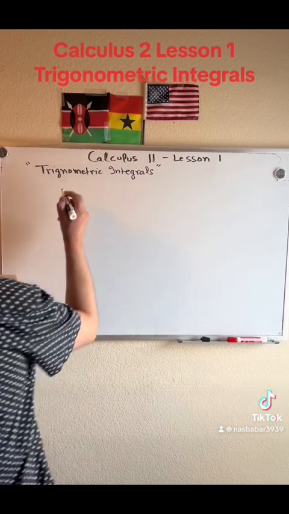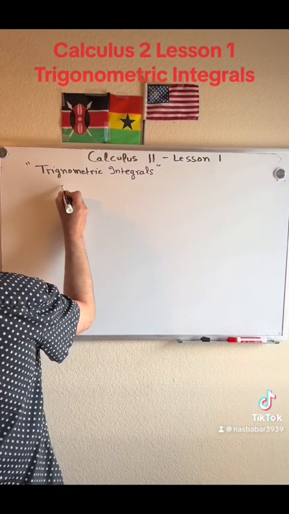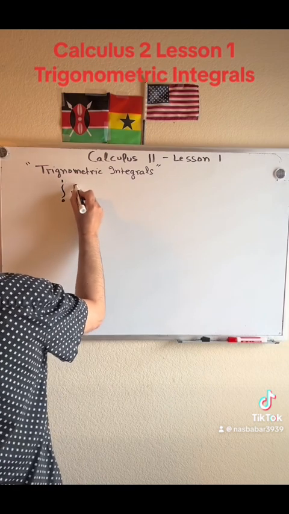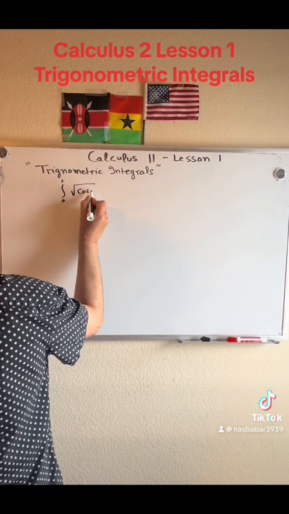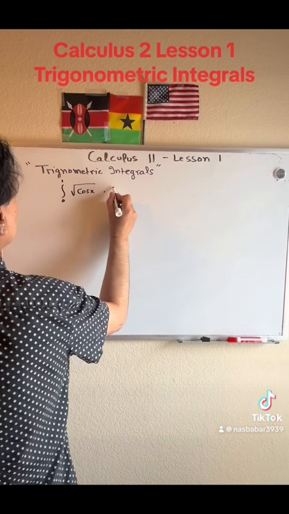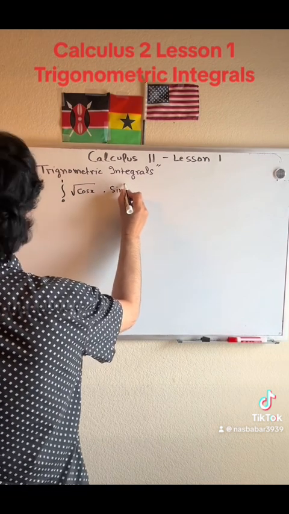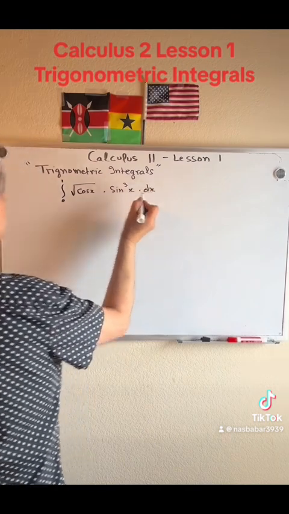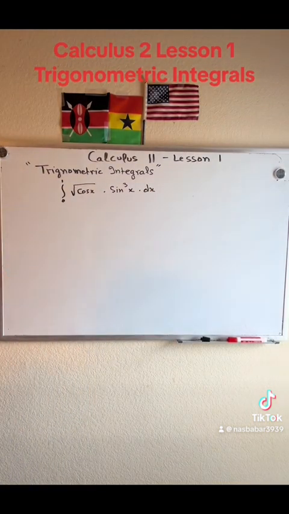The first example I have right here is the integral from 0 to 1 of cosine of x times sine cube x dx. So we need to figure out how to take the integral of this trigonometric function.